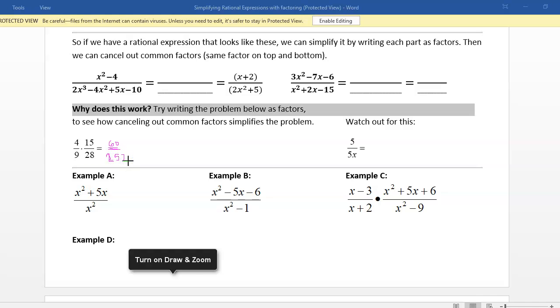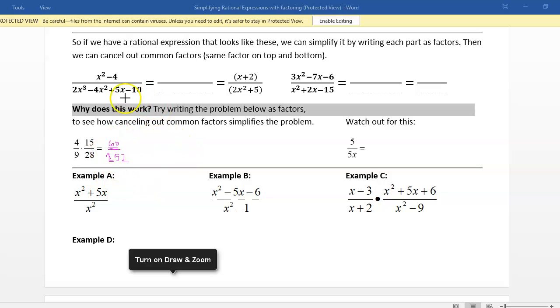Notice that that fraction is not in simplest form, right? I would have to reduce this fraction to get it in simplest form. But look, let's do something before we reduce it. We could start reducing the factors to get it in simplest form, and we'll do that in a second.